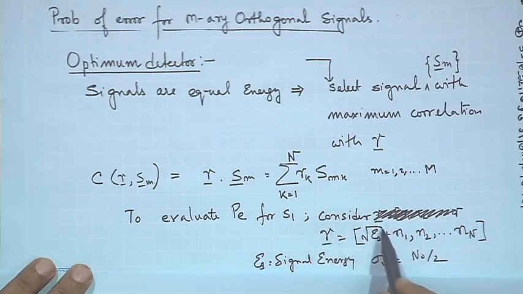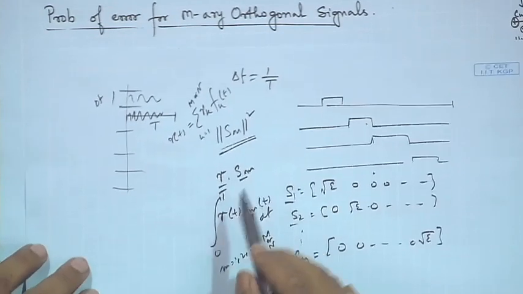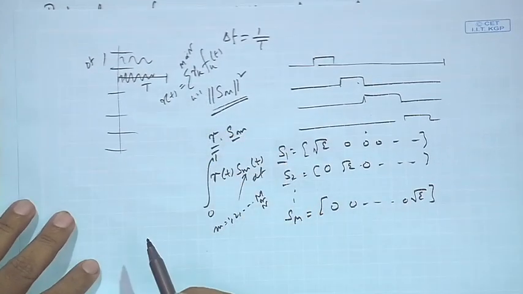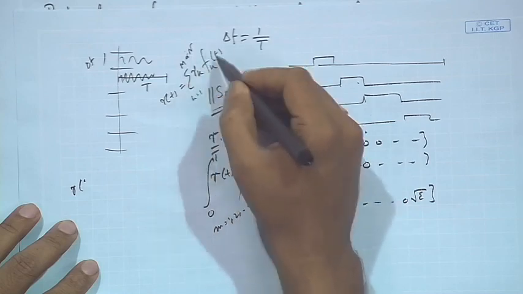It will naturally be the signal plus noise in the first dimension, because there is signal present in the first dimension, and in the other dimensions there are no signals. So, the output of the correlators will be the noise component on the basis function. That is straight ahead available, because you are first decomposing r onto the different components.